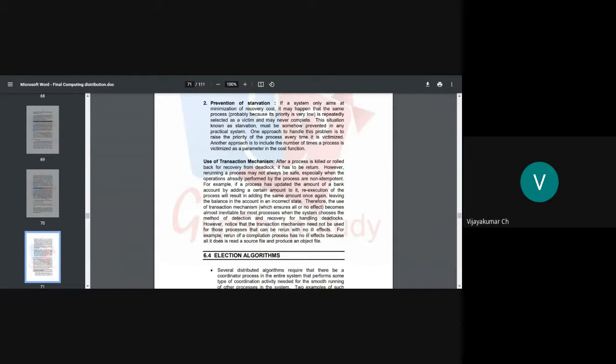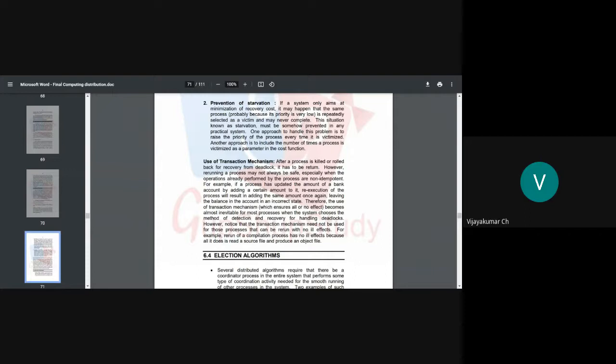Example: if a process has updated the amount of a bank account by adding a certain amount to it, re-execution of the process will result in adding the same amount once again, leaving the balance in the account in an incorrect state. Therefore, the use of the transaction mechanism becomes almost inevitable for most processes when the system chooses the method of detection and recovery for handling deadlocks.